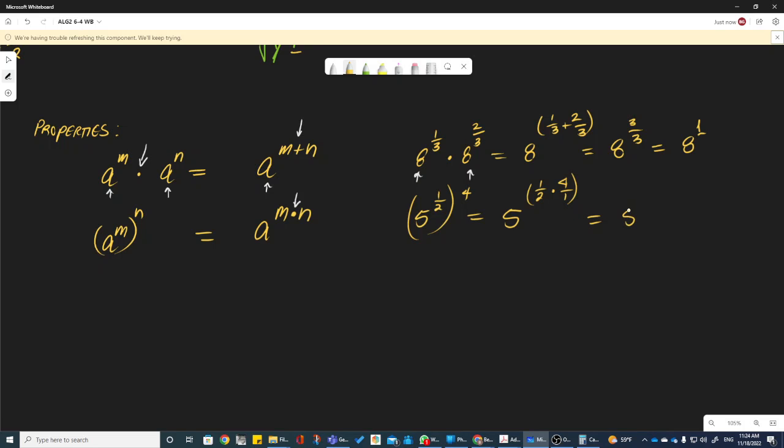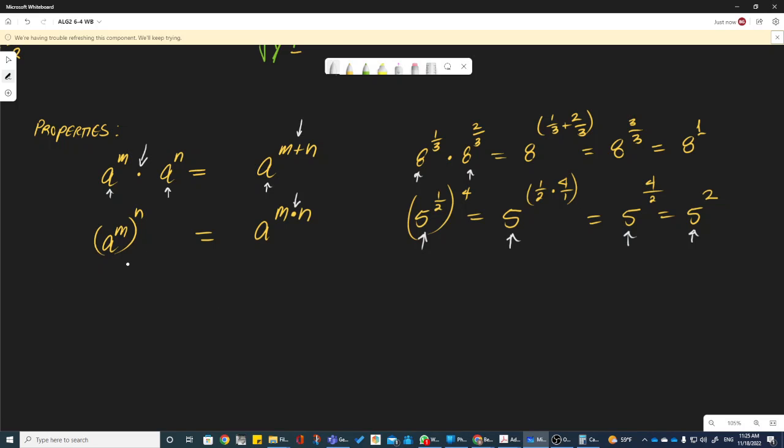And this is equal to 5, and then 1 times 4, it's 4, and then 2 times 1, it's 2, and 4 divided by 2, it's 2. Okay? Again, I want you to notice that we are talking about the same base all the time. Okay?